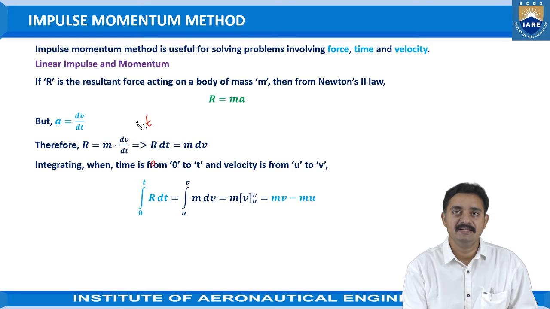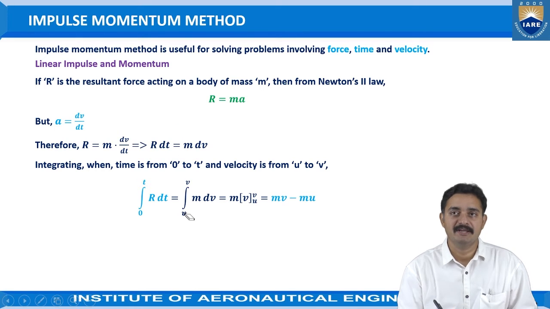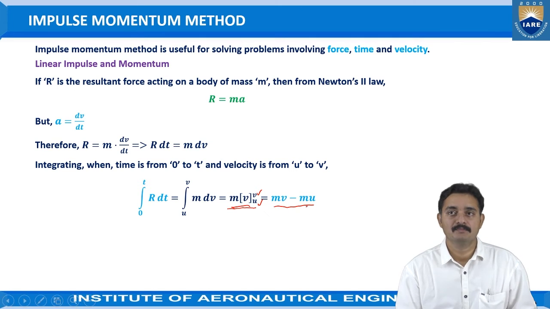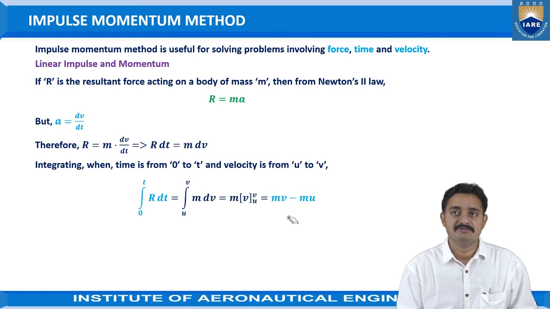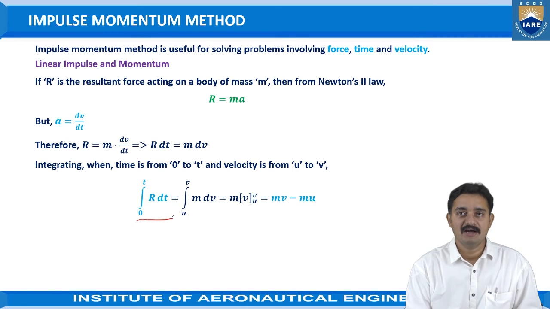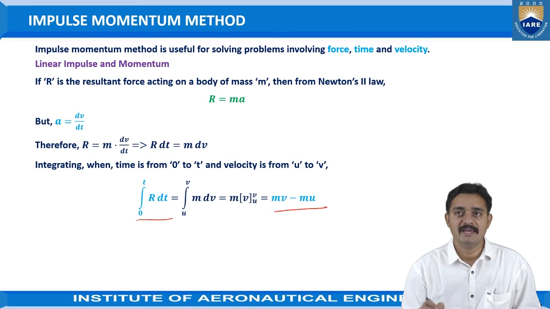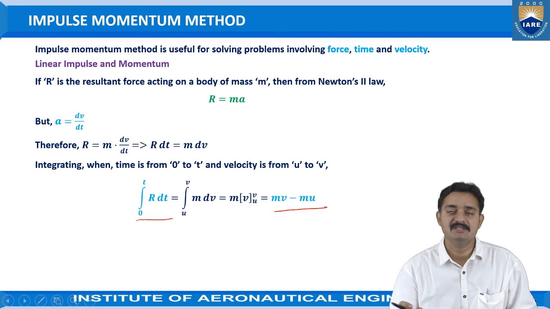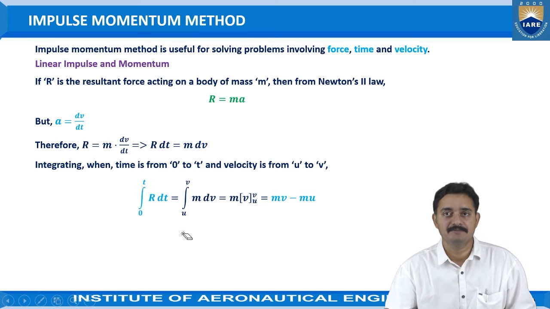So when we integrate this equation, we will be obtaining m into v, where it is from u to v. When you simplify this, you will be obtaining mv minus mu. Okay. So at last we have obtained the equation as integral 0 to t R dt is equal to mv minus mu. This is the impulse momentum equation.